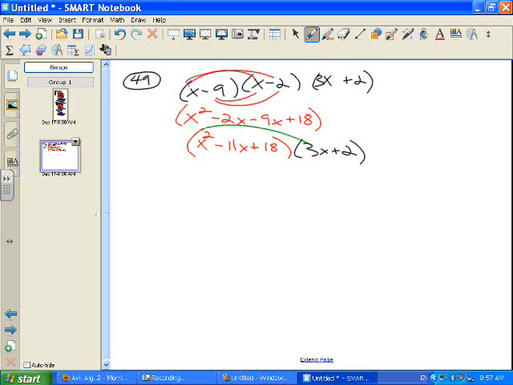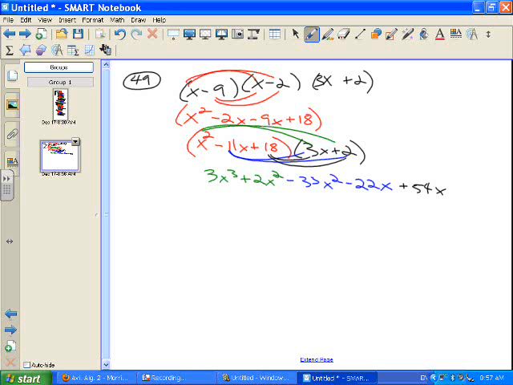So x squared times 3x is 3x cubed. X squared times 2 is positive 2x squared. Negative 11x times 3x is negative 33x squared. Negative 11x times 2, negative 22x. And then the last one out here, 18 times 3x is going to give me a positive 54x.